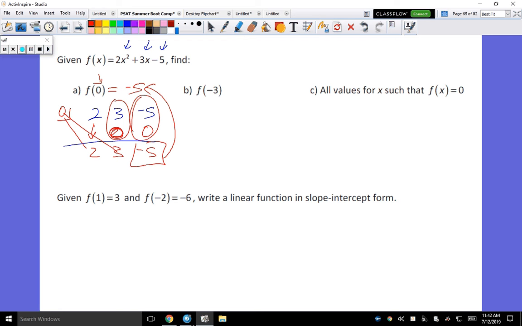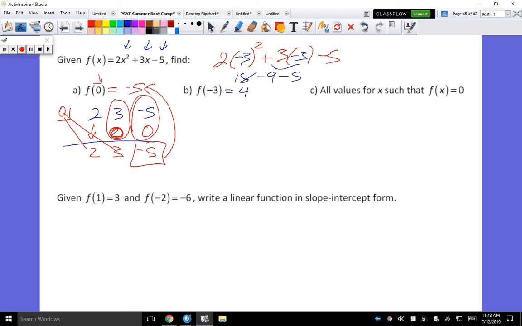Let's do this -3. A lot of people miss the negatives because they forget to put them inside of what? Parentheses. So if they forget, what's -3 squared? Times 2. What does this become? -9. So what's my answer? 4. Just 4, right?